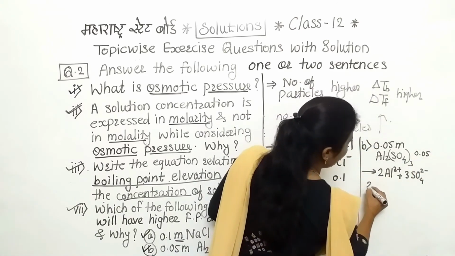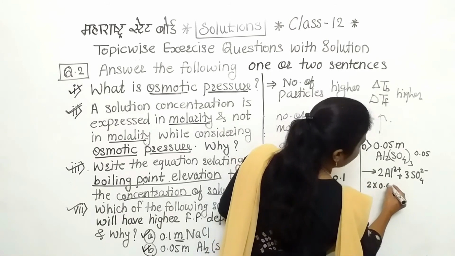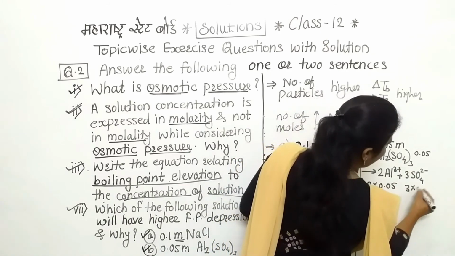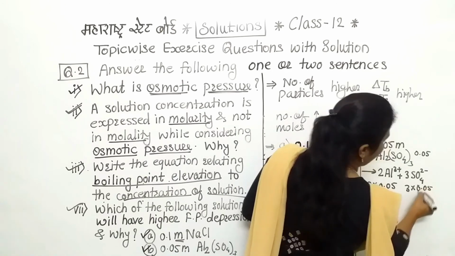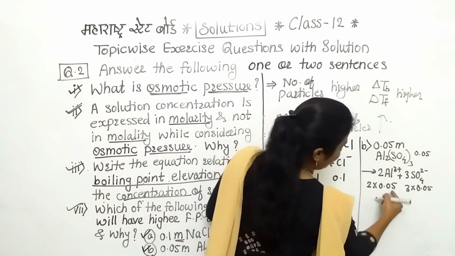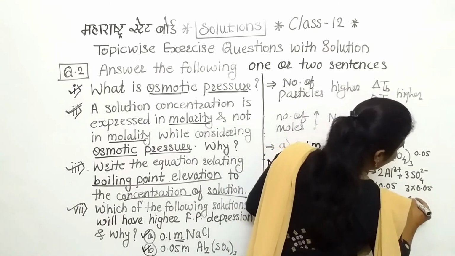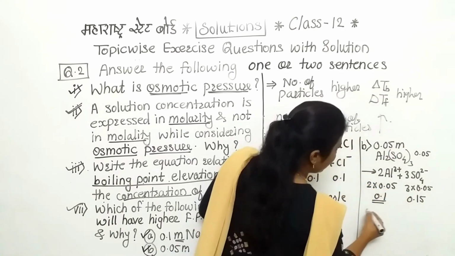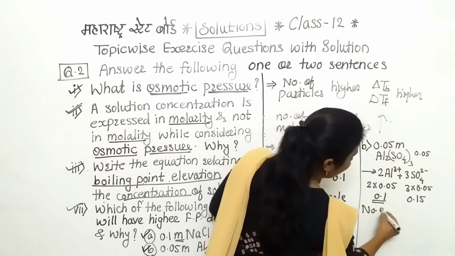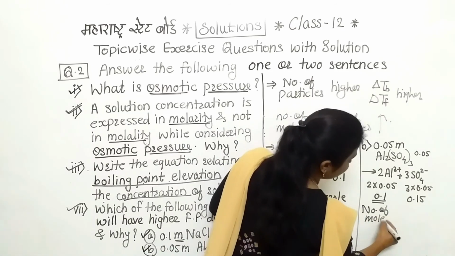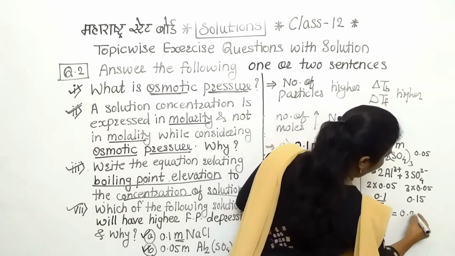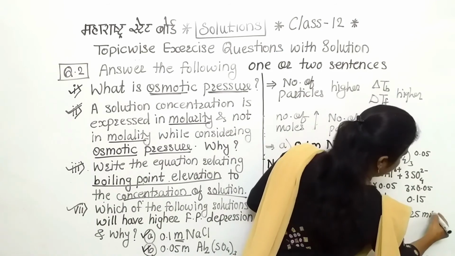So 2 into 0.05 and 3 into 0.05. In this way, if we calculate, we get 0.1 and 0.15. After addition, the number of moles is equal to 0.25 moles.